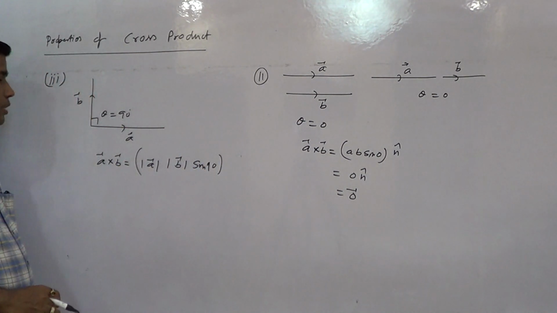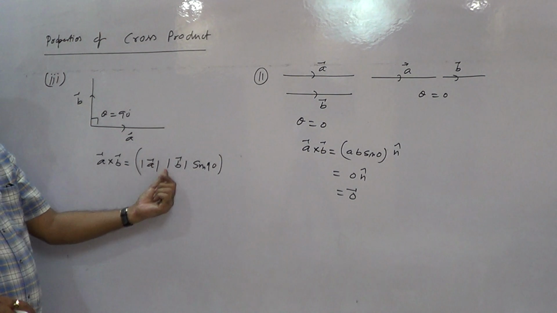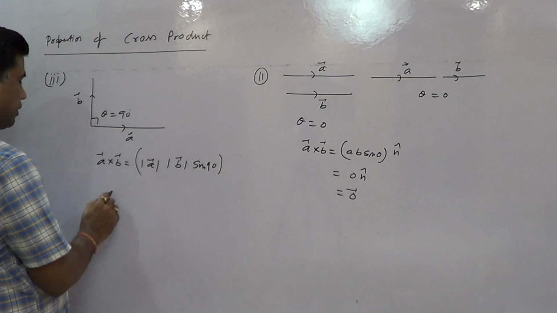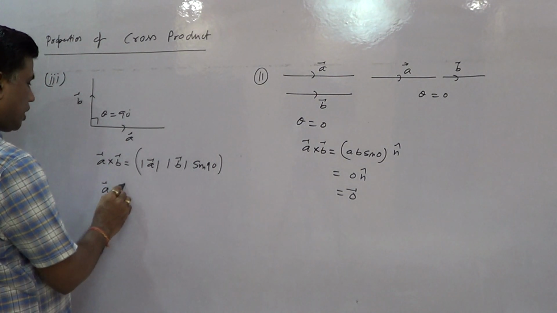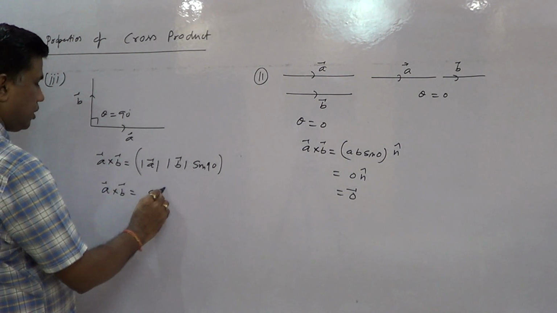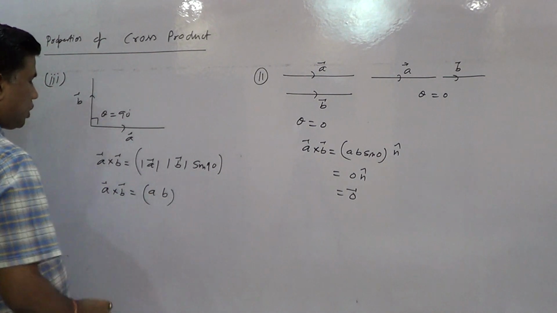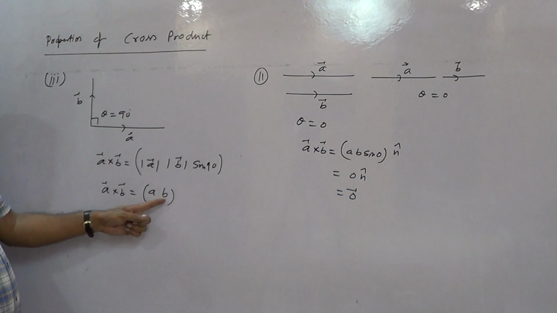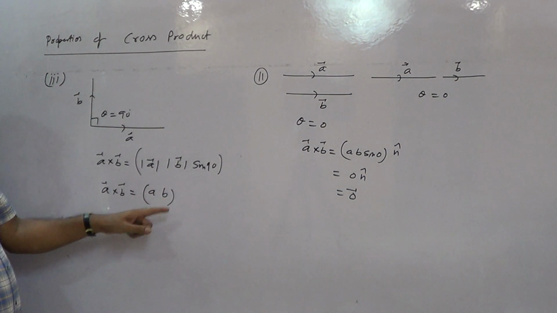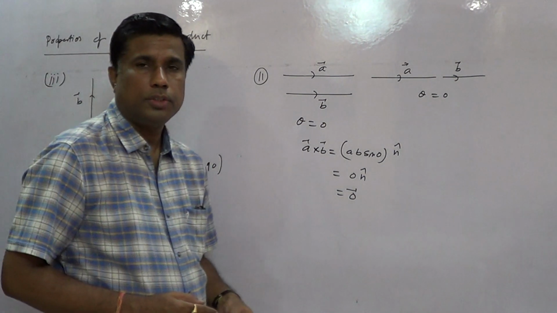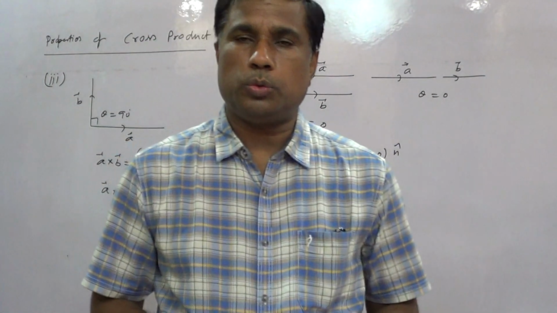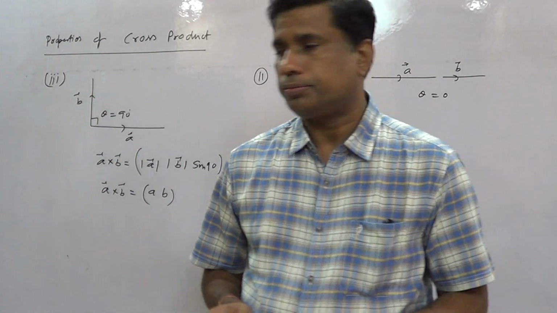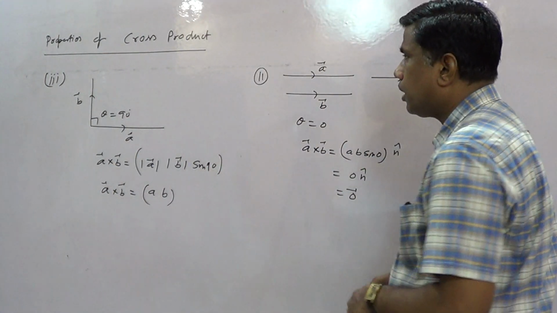But in this case, I am going to discuss only their magnitude. Magnitude of cross product of two perpendicular vectors is equal to the product of their magnitudes. See how: this is A, this is B, sine 90. So cross product of two perpendicular vectors is equal to the product of their magnitudes. So this is the third property of cross product.